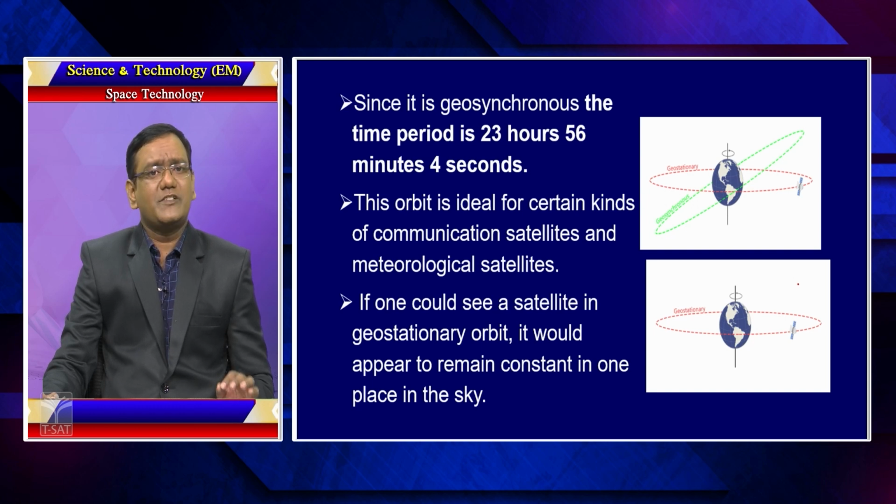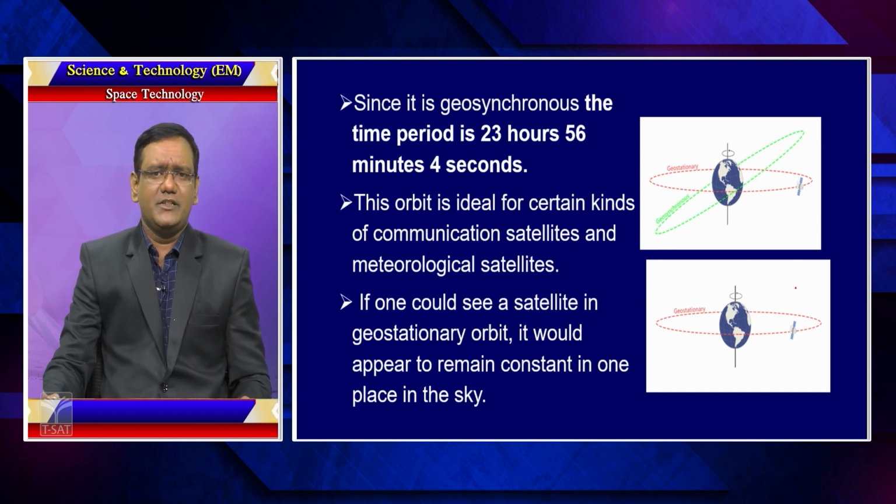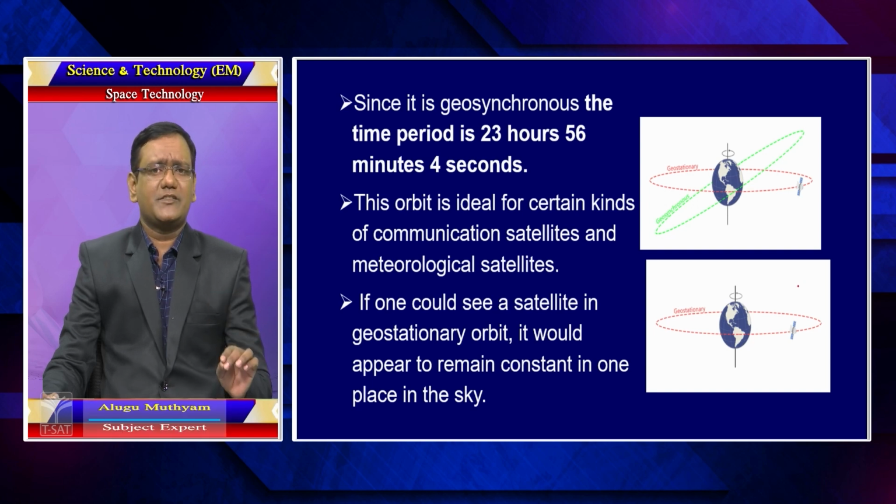If one could see a satellite in the geostationary orbit, it would appear to remain constant in one place in the sky. At whatever time you look at that satellite, it would remain constant. Since it remains constant, it is easy to send signals and also easy to receive signals from a particular place, from a particular region.